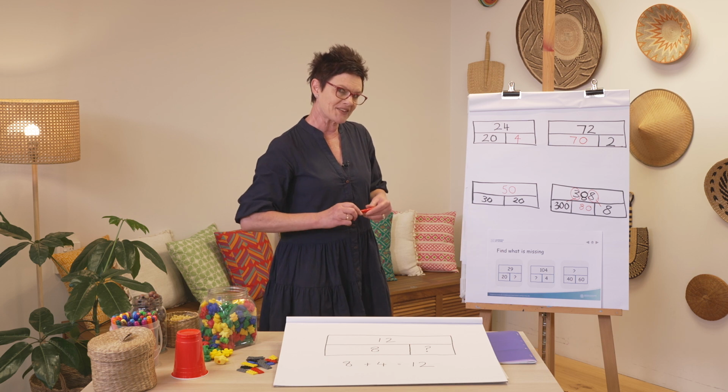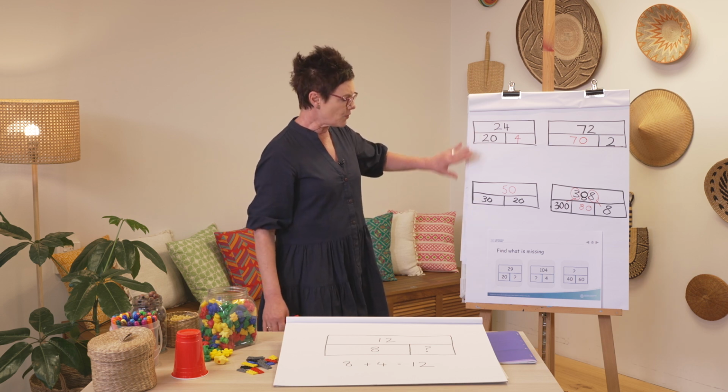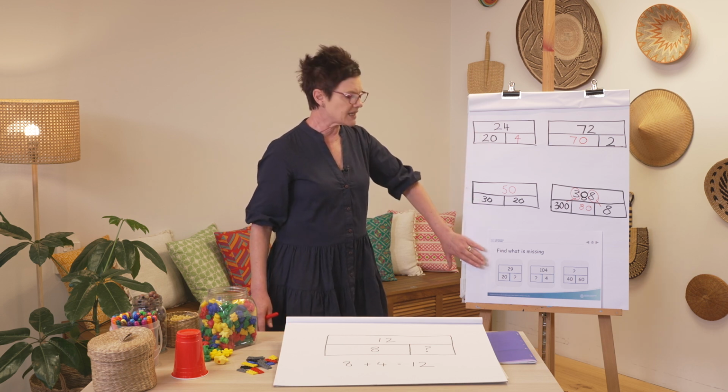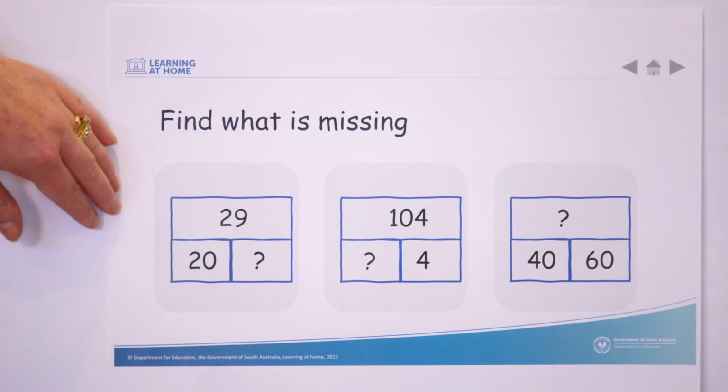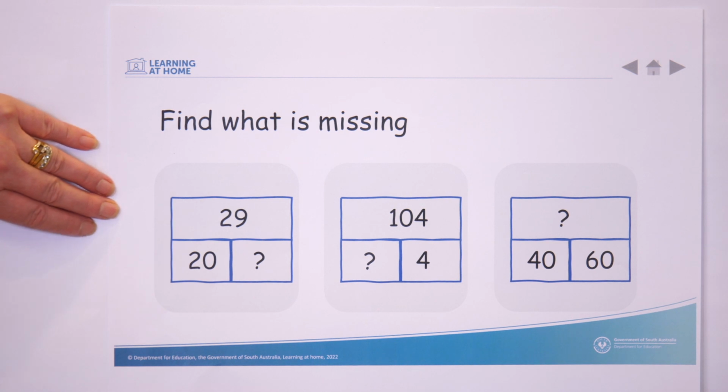What beautiful maths today. We've got 4 examples, and here are yours to do by yourself. Find what is missing. So press pause and pop that into your learning book. All right, now let's reflect on what we've learnt today.